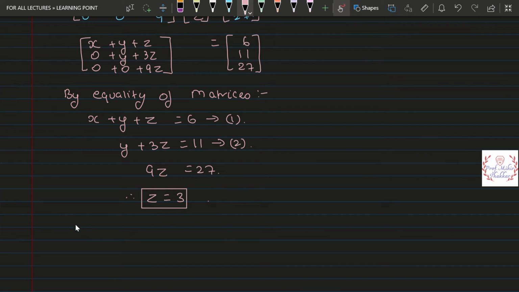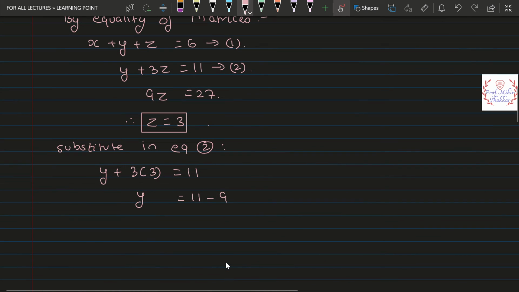Now substitute in equation 2. So I get y plus 3 into 3. So I get y is equal to 11 minus 9. According to that, I can say y is equal to 2. That becomes your second variable value, guys.